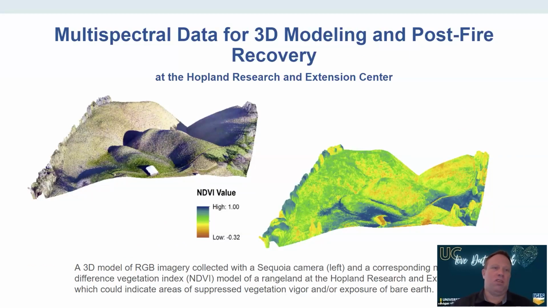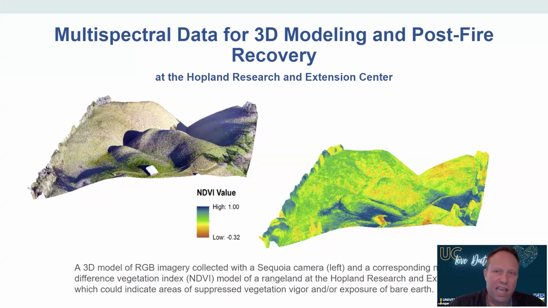Also, multi-spectral data comes into play in natural environments. Andy touched on this, but if you're not familiar with NDVI, or normalized difference vegetation index, it's a relative equation between red and near infrared. Near infrared is important because healthy vegetation reflects near infrared much higher than stressed vegetation.